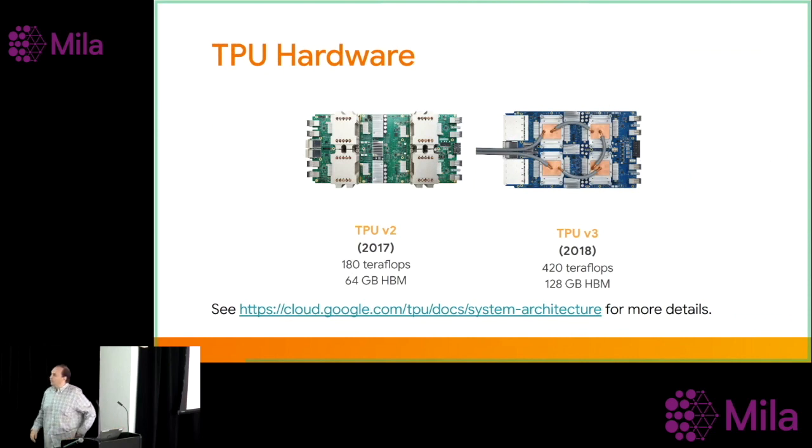If you look at these specifications, one of these TPU boards is roughly equivalent to 4 GPUs. So each of these chips is roughly the equivalent of a GPU, but the cost is about, I would say, a half or a quarter of the cost. So for us, it's way more efficient and more powerful.